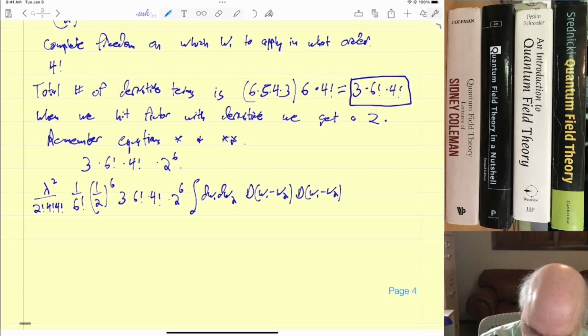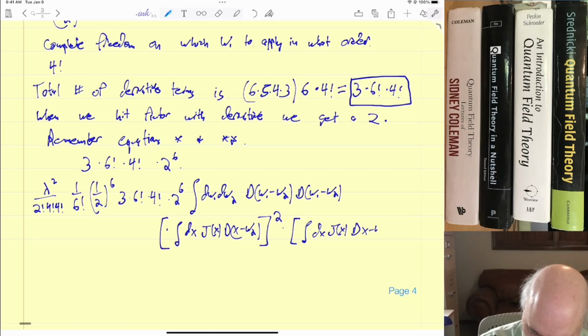And then I have times the integral dx jx dx minus w2, square it, times the integral dx jx dx minus w1 square.